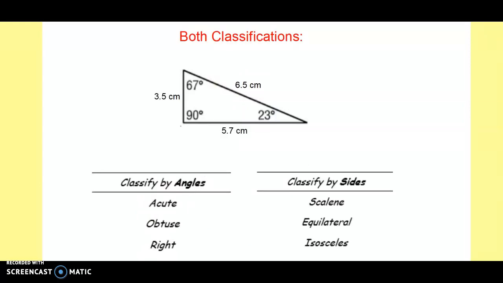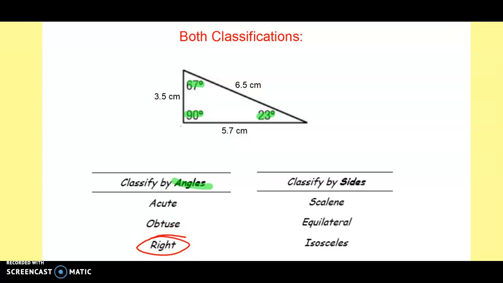All right, so you're going to be asked in your homework to do both classifications. So again, when you're looking to classify by angles, we are looking at the numbers inside, the angle measurements themselves. So classifying this triangle by angles, we have 67, 23, and 90. 90 indicates a right angle, so it'd be a right triangle.